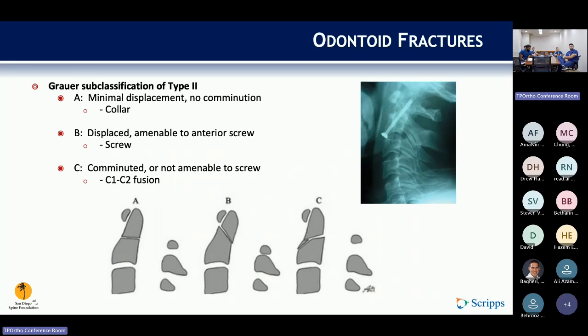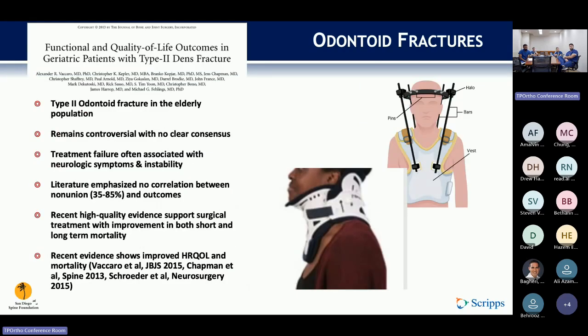So again, for type 2 in particular, as I said, this is a controversial topic, and there's been literature all over the place. When we see elderly patients, this injury can be associated with a high incidence of morbidity and mortality. In some ways, it's kind of like the femoral neck of the spine.